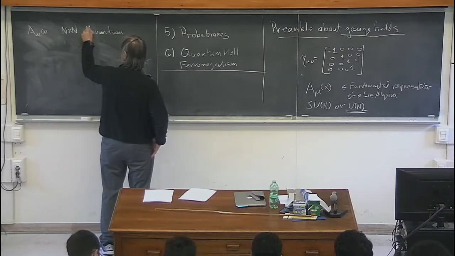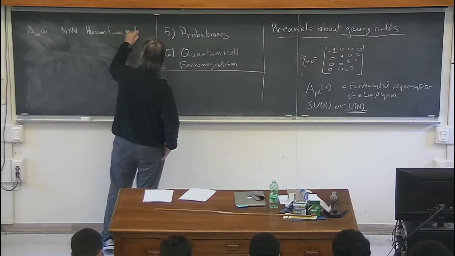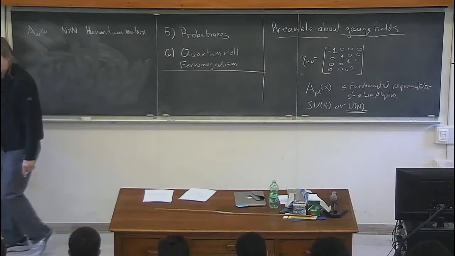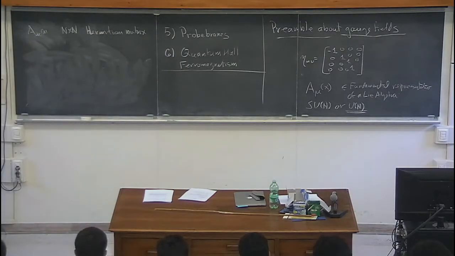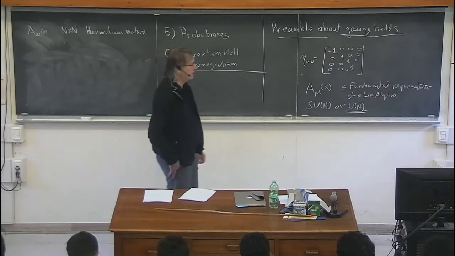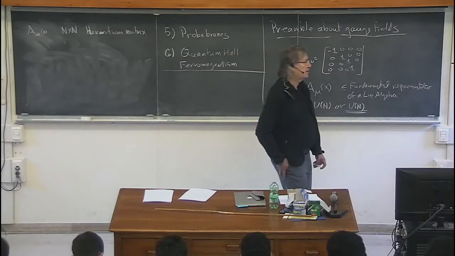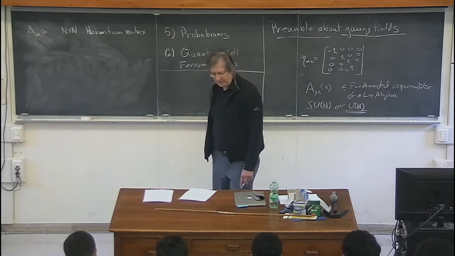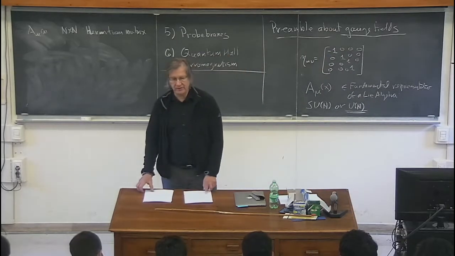I guess this should be capital. So it's an N by N Hermitian matrix, and that's when it's in U(N). When it's in SU(N), it's a traceless Hermitian matrix. Not much difference, but enough difference to mess things up. So we could stay with U(N). The actual gauge group of the field theories I will be talking about could be either U(N) or SU(N), and maybe I'll remember to discuss that when the time comes.